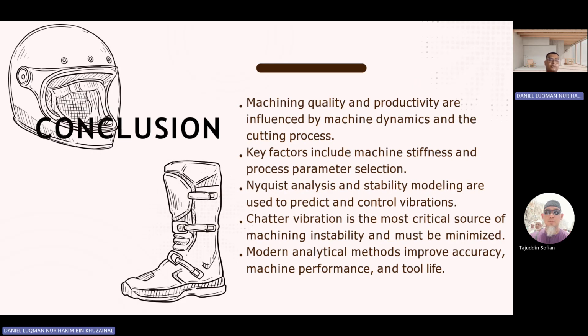And as for the conclusion, machining quality and productivity are influenced by machine dynamics and also the cutting process. The key factors include machine stiffness and process parameter selection. Frequency analysis and stability modeling are used to predict and control vibration.